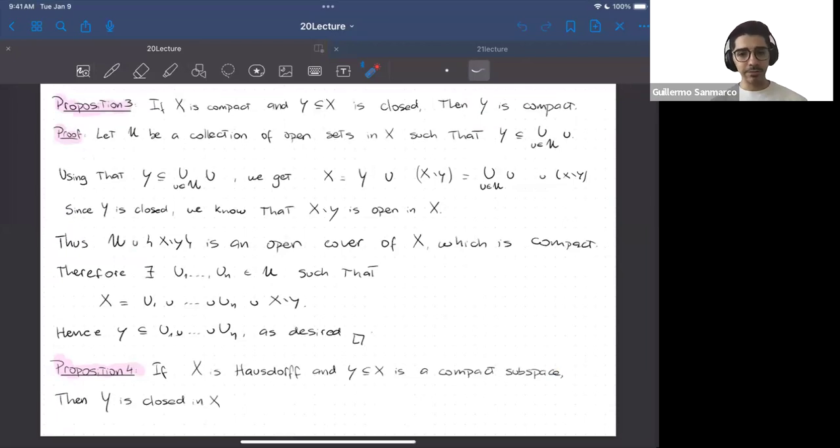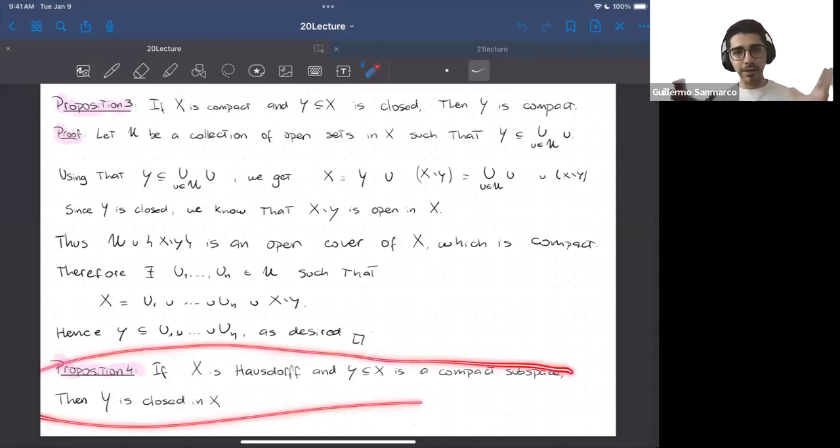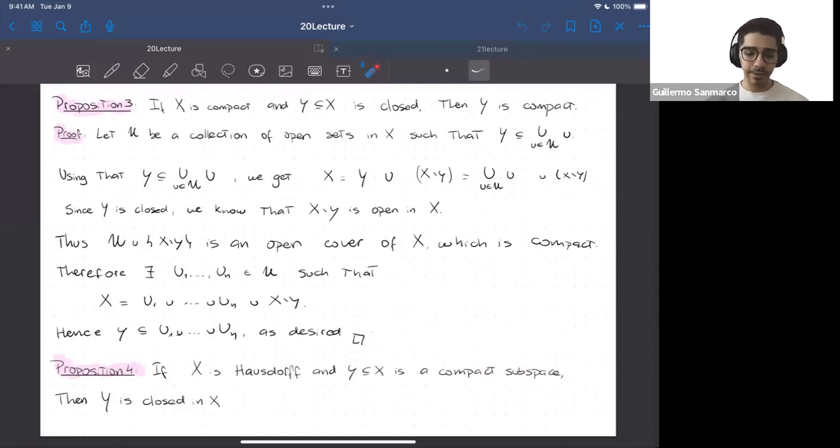So in particular, this will tell us something about what compact subspaces of the real line could be. They need to be closed. So for example, we know this already, but this will be another way of proving that any half open interval cannot be compact.